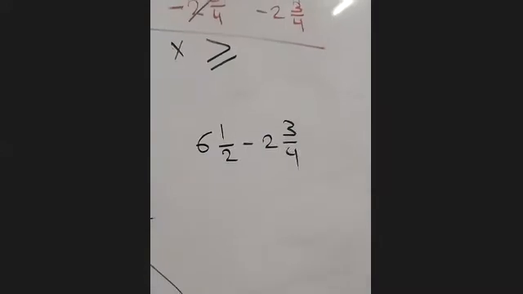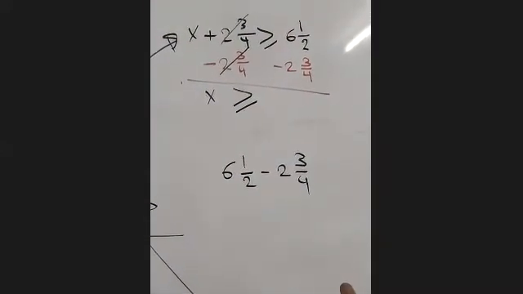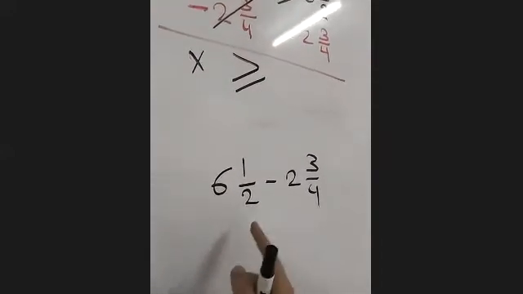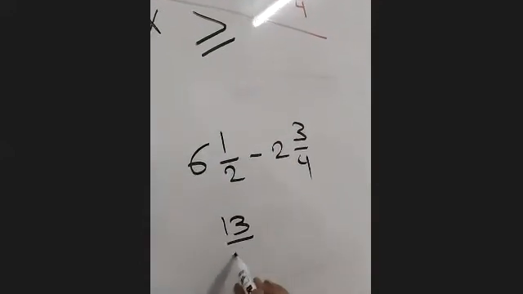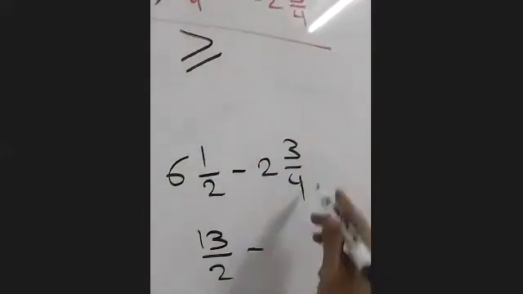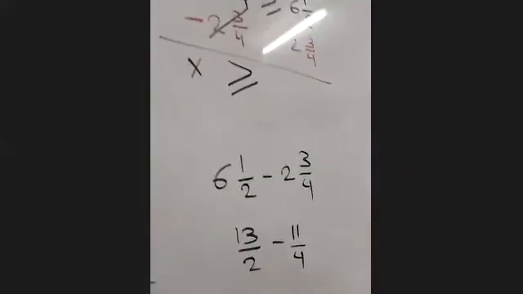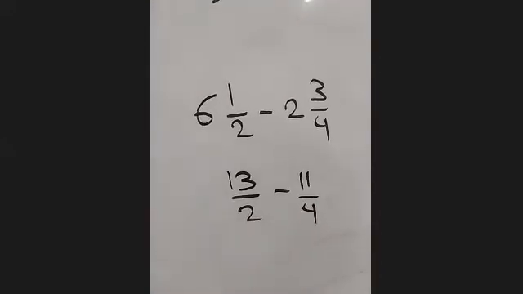If you remember, in grade 6 you took how we deal with mixed numbers, right? Let's turn them to fractions. 2 times 6 is 12, plus 1, 13 over 2, minus 8 plus 3, 11 over 4, right? Now, can we subtract? No, because we have different denominators.